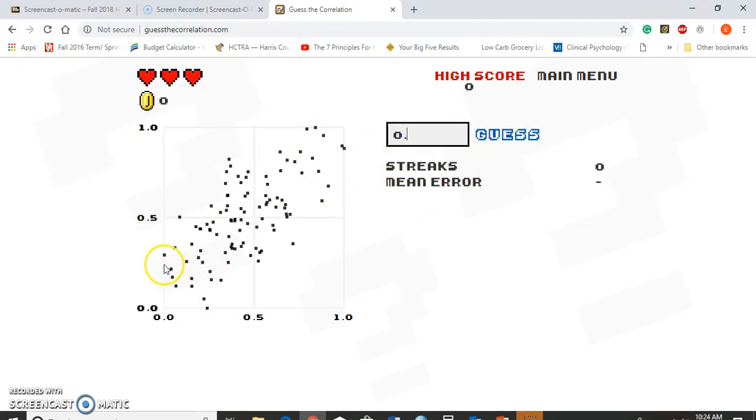First of all, we can see the direction it's moving is up and to the right, so we know this is a positive correlation. But all the data is pretty spread out from each other. So we make the prediction, we guess the correlation, and if we get it close enough, we get to keep our lives. So let's go ahead and guess 0.56.